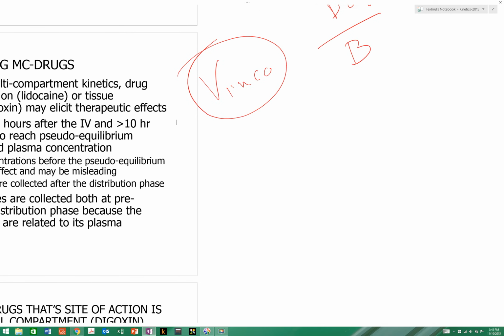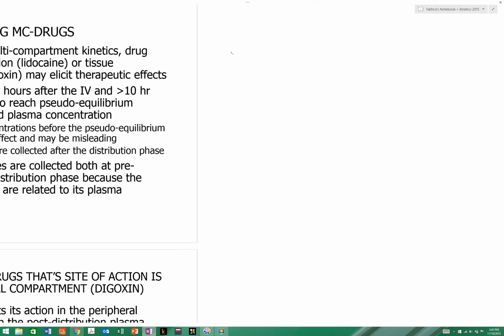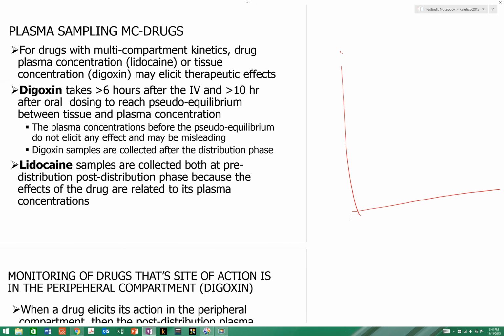for drugs that show multi-compartmental kinetics, one example I am giving is Digoxin. You see here, Digoxin takes about 6 hours after the IV, and 8 hours to reach pseudo equilibrium. You see here, this is your pseudo equilibrium.